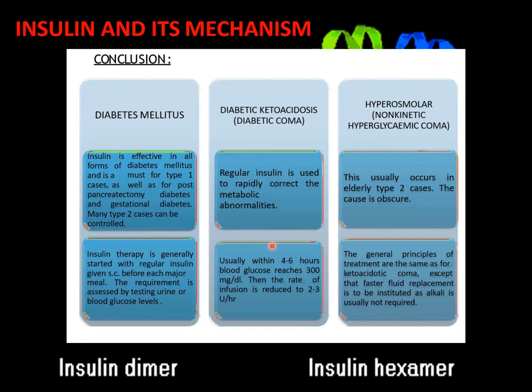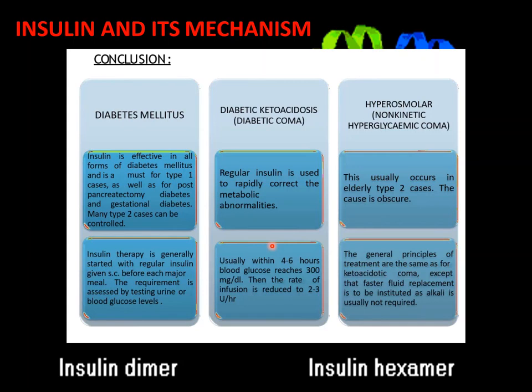In conclusion, diabetes mellitus is treated with insulin, which is effective in all forms of diabetes and is a must for type 1 cases, as well as for post-pancreatitis diabetes, which is related to disease in the pancreas, and gestational diabetes, which occurs in pregnant women, and many type 2 cases can be controlled.